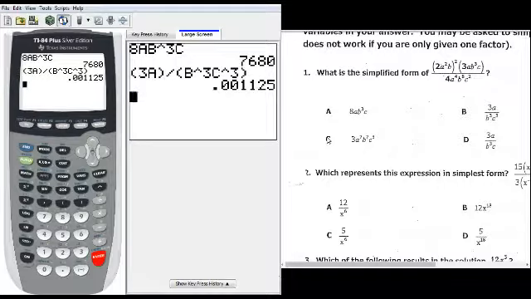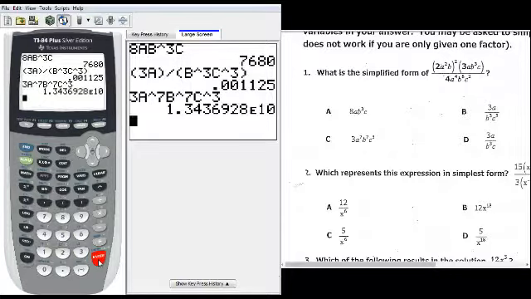Now we move on to letter C. We're going to type in 4 alpha A, 3 alpha A raised to the 7th power, alpha B raised to the 7th power, alpha C raised to the 3rd power. Again, use those carets to get your exponents in there.